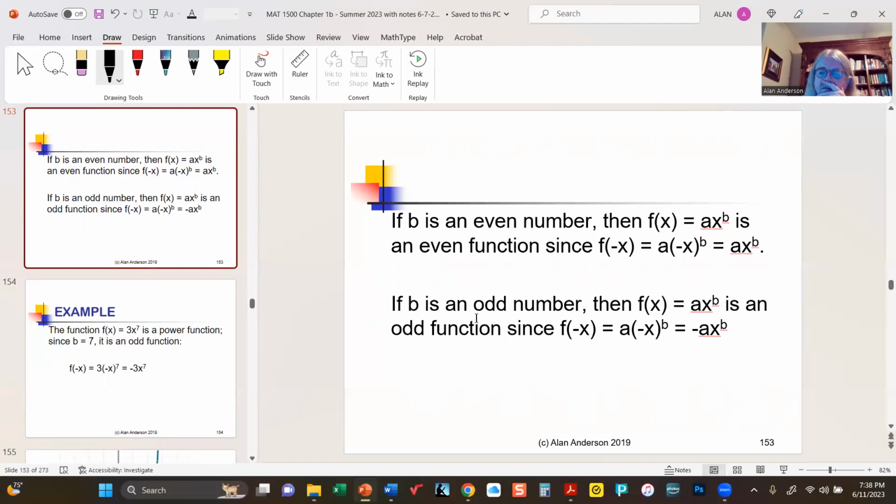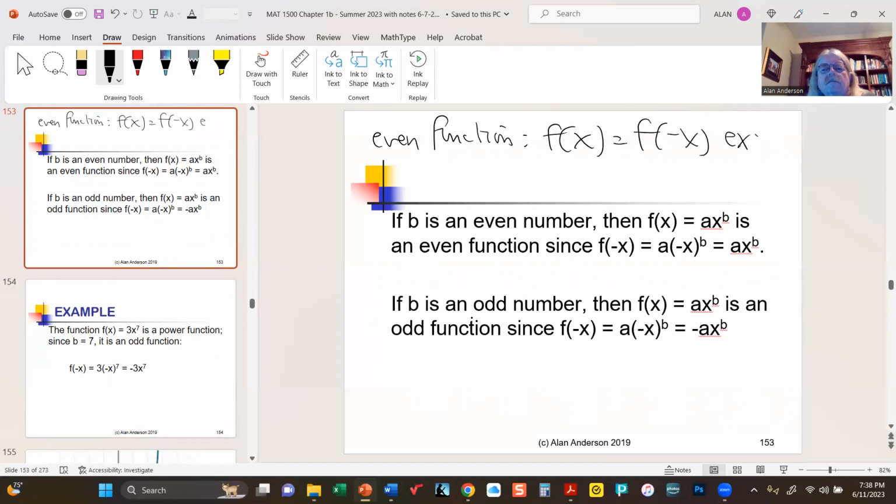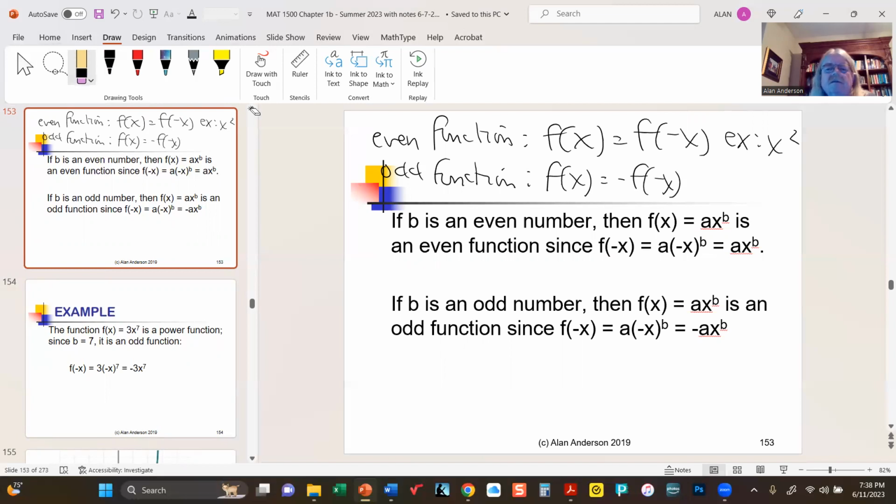If B is an even number, then this will be an even function. So let's remind ourselves what an even function is. Like x squared. Odd function, negative f of negative x, and our example was x cubed.